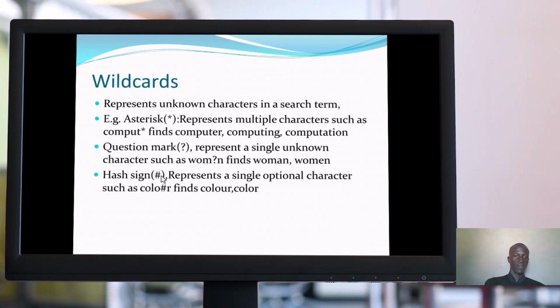We may have variations in spelling, like the spelling for characters. So this is where the sign plays a vital role as a wildcard. They are essential. All these truncations and wildcards are essential for optimizing searches in like our Google Scholar, library catalog and also academic journals.